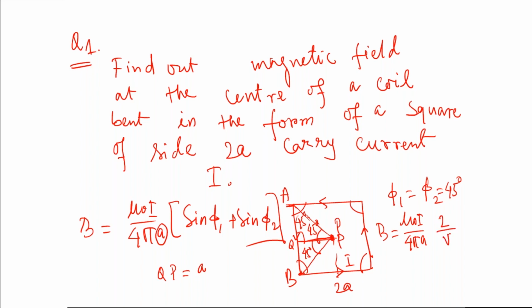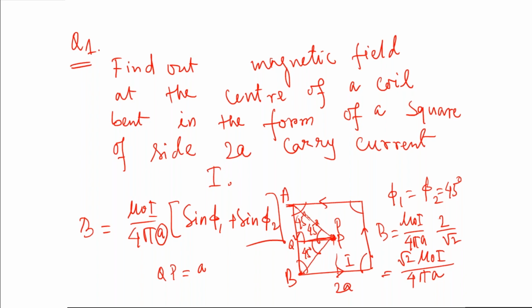I have to calculate for all the wires, right? And in this case you have to see the direction. At this point, for all of them the magnetic field is coming out of the plane of the paper.